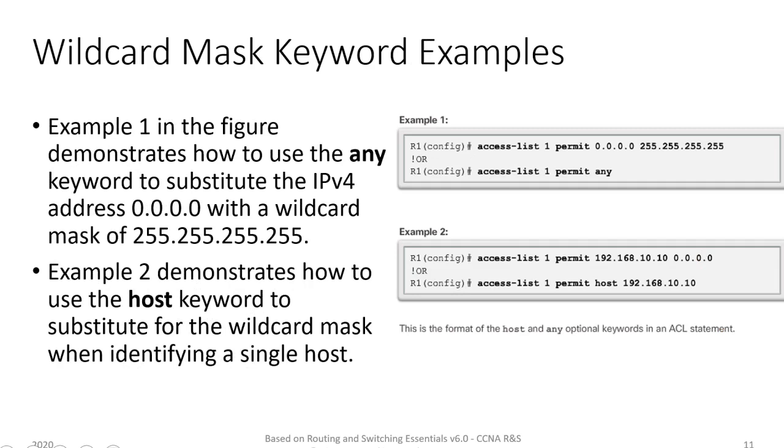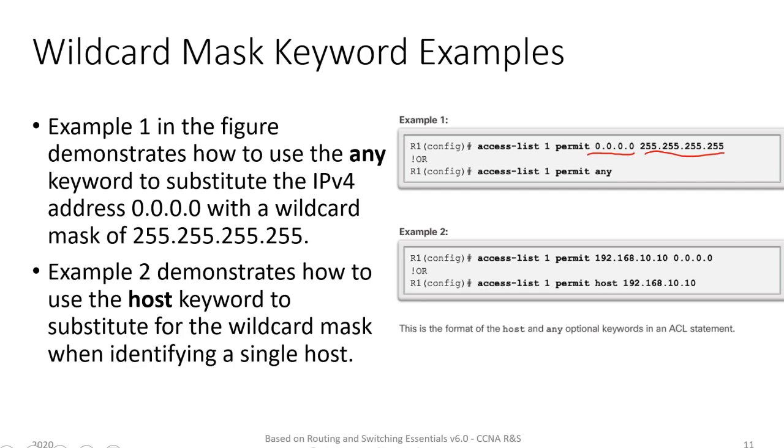The way that we would use these wildcard masks in our rules, in our access control lists, is that if you want to permit all the packets, we would use 0.0.0.0 with the mask of 255.255.255.255.